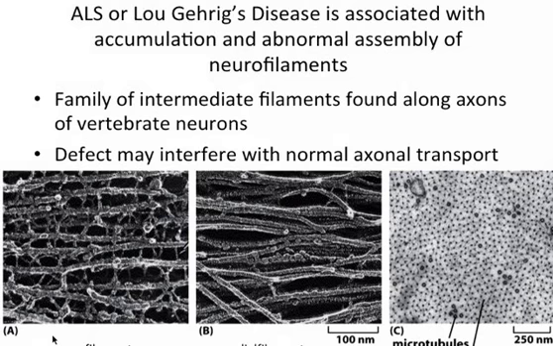So these are neurofilaments, and these are glial filaments. And here's an axon cross-section. Here, these are microtubules, but all these are pretty regular in the way they're organized. These are all neurofilaments. And so when you have a defect in that, it's preventing normal axonal transport.